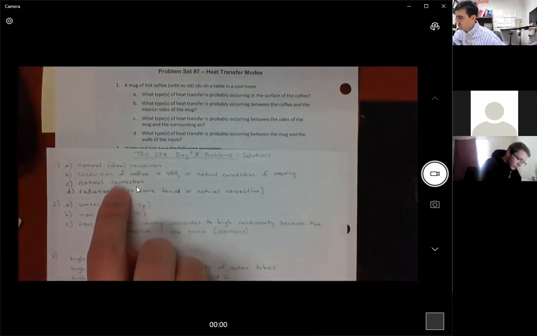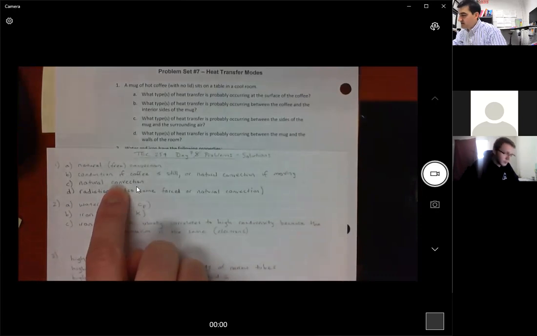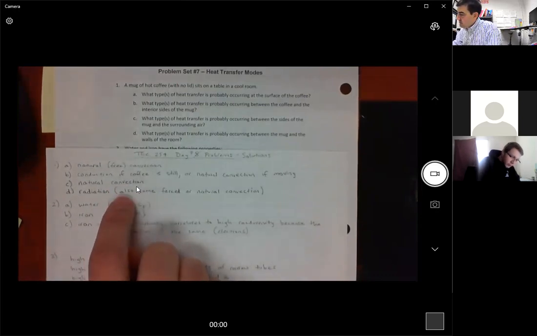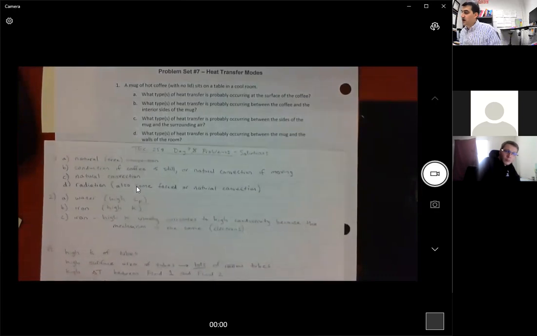So I guess I assumed here that there was no ventilation. That's fine, you could argue either way. These are qualitative and a little bit subjective as to what is the most significant mode of heat transfer. Part D, what is occurring between the mug and the walls of the room? We've got some radiation, probably also some convection as well. Okay, that was number one.